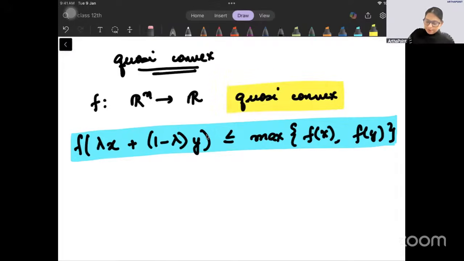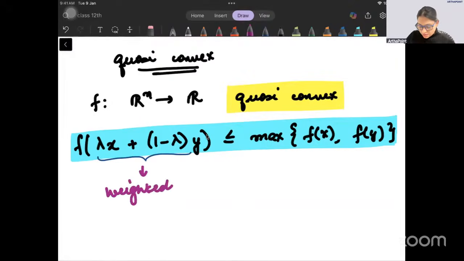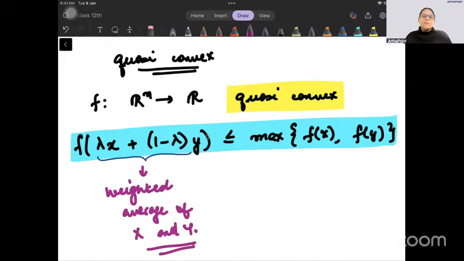अब देखो यहाँ पे lambda x plus 1 minus lambda y माने I am taking a weighted average of x and y. So we are saying कि हमने 2 पॉइंट्स लिए, एक पॉइंट x लिया, पॉइंट y लिया, और उनको अलग अलग वेट देके हर पॉसिबल पॉइंट बनाया, right?